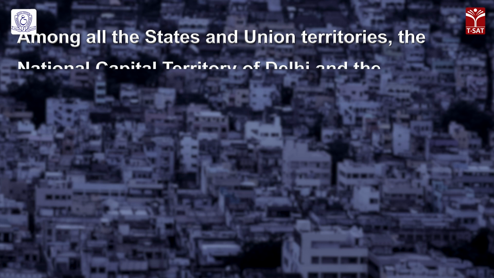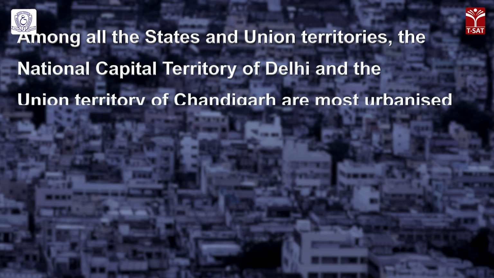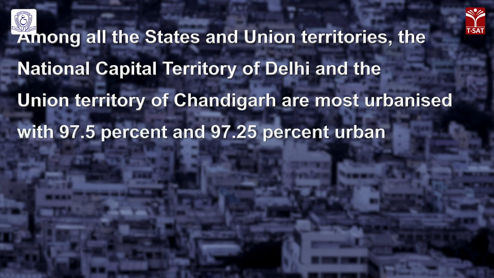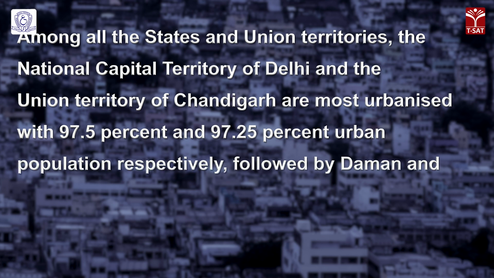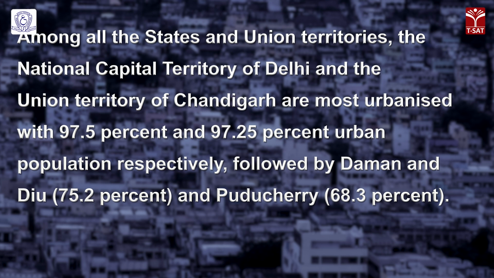Among all the states and union territories, the National Capital Territory of Delhi and the Union Territory of Chandigarh are most urbanized with 97.5% and 97.25% urban population respectively, followed by Daman and Diu with 75.2% and Pondicherry with 68.3%.